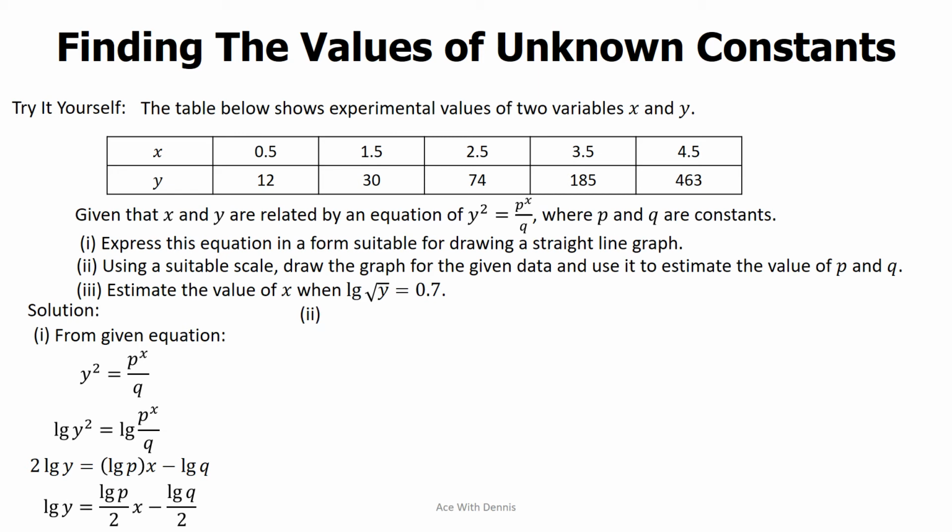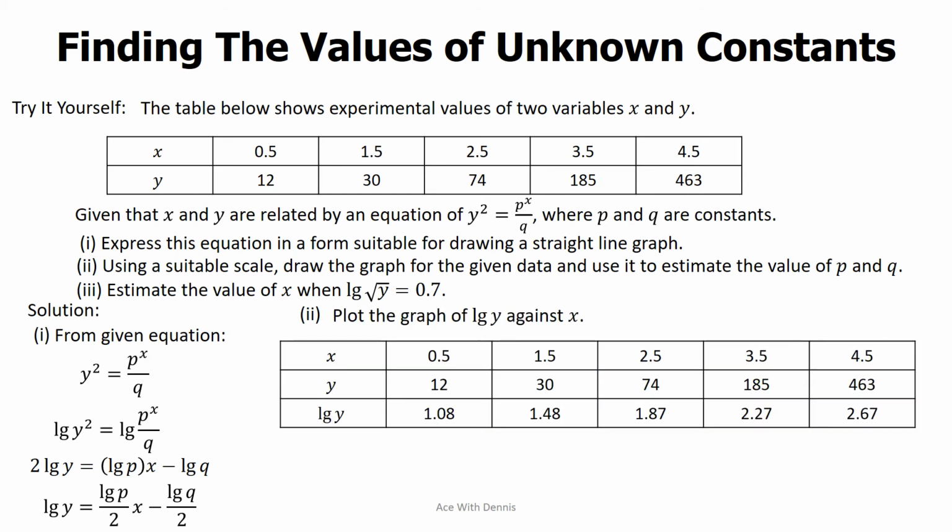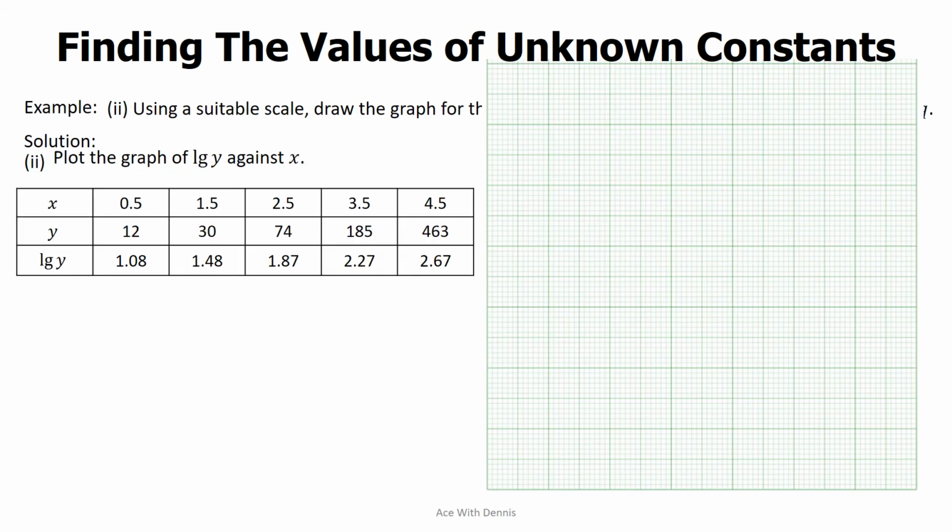Now, we want to draw the graph. Before that, we need to determine the values of log y. From the given data, these are the values of log y. Now, from the table that we have obtained just now, we can start to plot the graph.